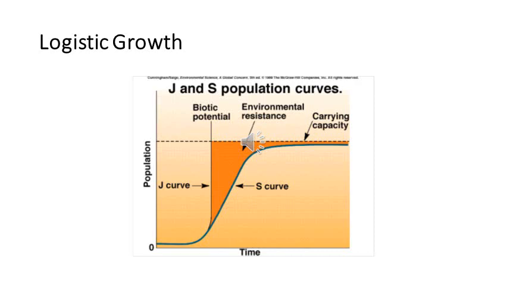This graphical representation is a more elaborate way to compare J and S population curves for exponential and logistic population growth, in which you can see that the logistic population growth curve is actually the combination of the exponential population growth curve and the flattening of the curve after the carrying capacity of that environment. At first, the exponential growth curve is obtained in a J shape, which is the biotic potential of that population.